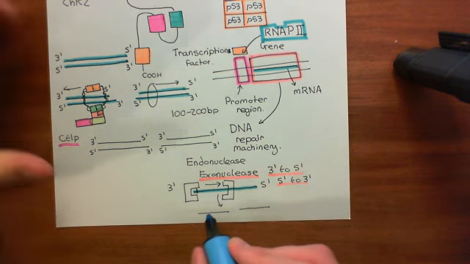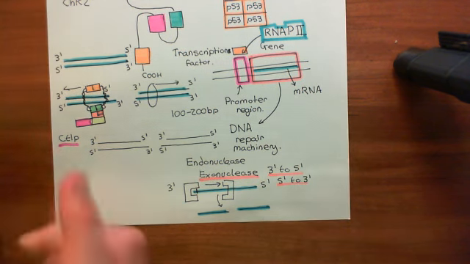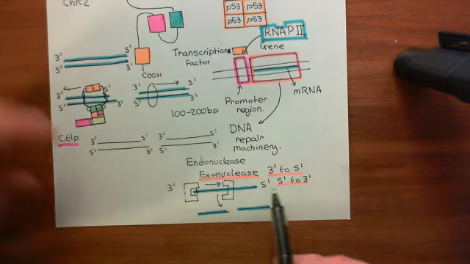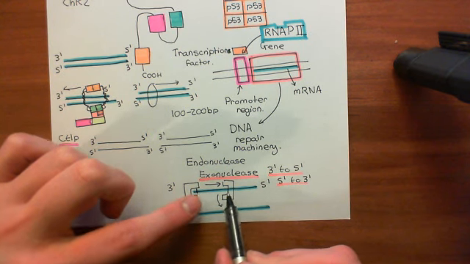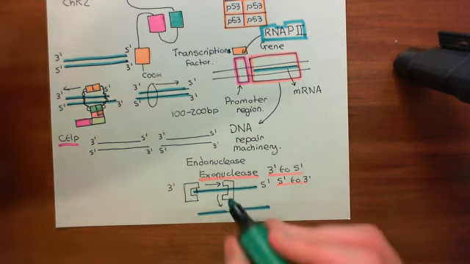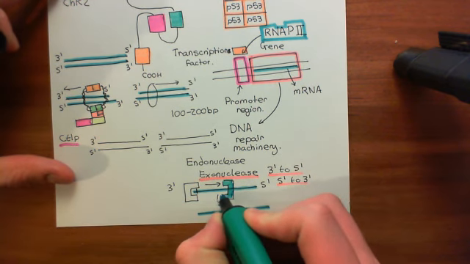So that's the difference between an endonuclease and an exonuclease. Endo means inside, exo means from the outside. So the exonucleases work from the outside inwards. The endonuclease just comes into the middle and then just cuts the strand in two, basically.